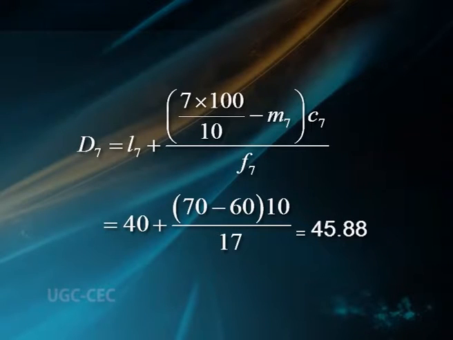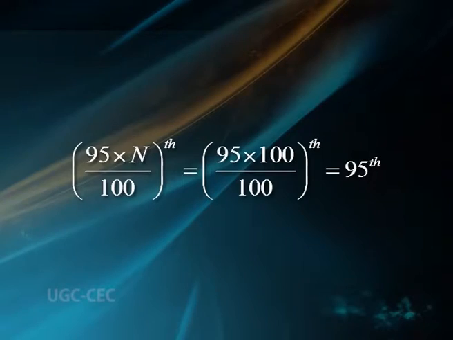Hence, using the following expression for the 7th decile, we get D7 equals L7 plus (7 into 100 by 10 minus M7) into C7 by F7, that is equal to 40 plus (70 minus 60) into 10 by 17, that is 45.88. To get the 95th percentile, we identify the class in which the 95 into N by 100th observation, that is 95 into 100 by 100, that is the 95th observation, is coming.